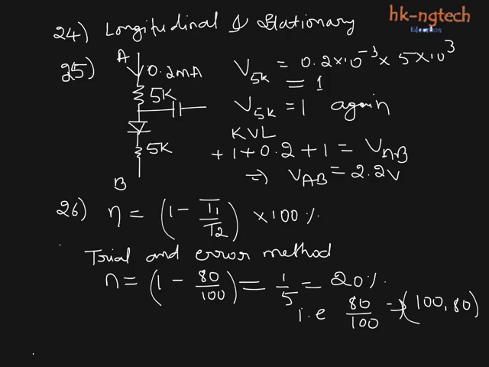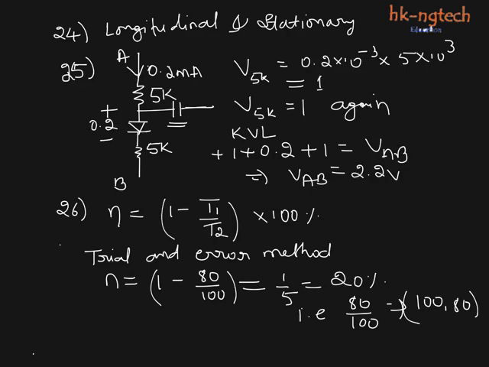Okay, let's take the 25th question. In the figure shown, if the diode's forward voltage drop is 0.2 volts, the voltage difference between A and B is. Obviously, they have given the capacitor here. It is of no use because the other end is not connected to anything, so no current flows through the capacitor. So we can say that the voltage drop across the diode, they have given, is 0.2 volt.